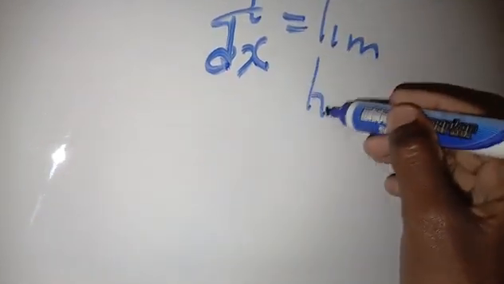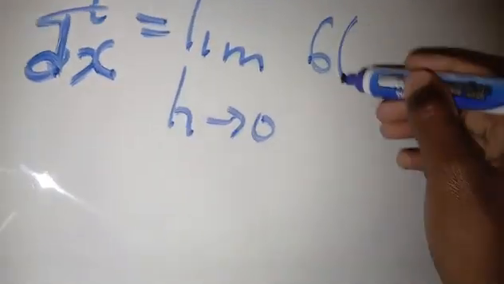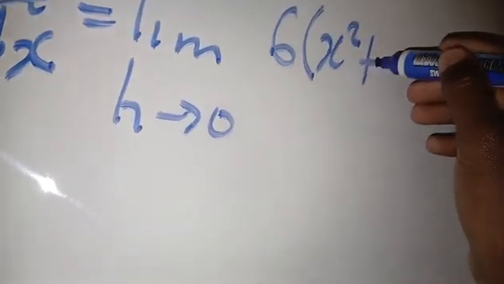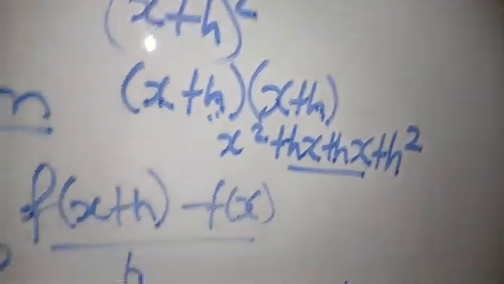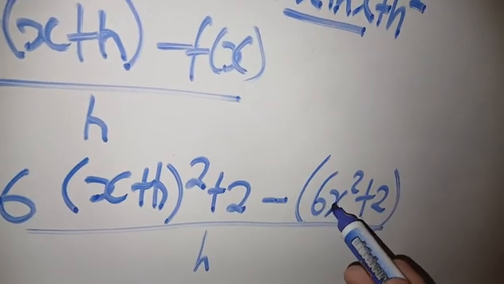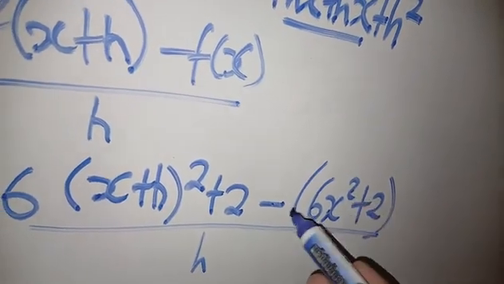It will be dy over dx is equal to limit as h approaches 0, 6 times the expansion, x squared plus 2hx plus h squared, plus 2. Then you come back here and multiply. When you multiply these two, you get negative 6x squared, and this will give you negative 2. So we say minus 6x squared minus 2, divided by h.